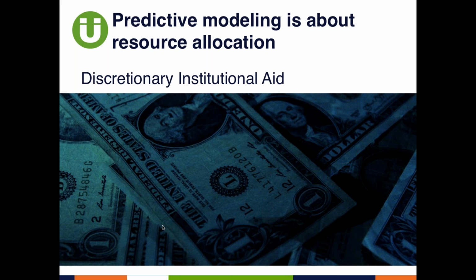Also, the discretionary institutional aid. So whatever aid you have in your office that you can allocate to get students to come to your school. A predictive model can inform that decision so that you get more students to enroll at your institution for the same amount of aid.